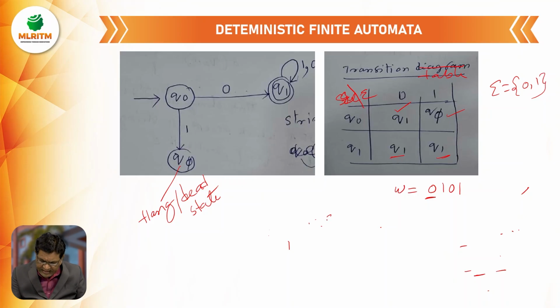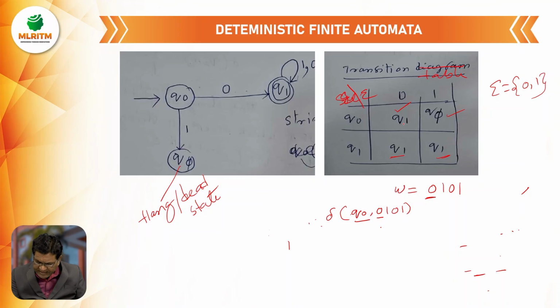Now, delta is the transition function. What is our string? 0, 1, 0, 1. The initial state is Q0. Q0 with 0: first of all, Q0 is the current state, the current input is 0.